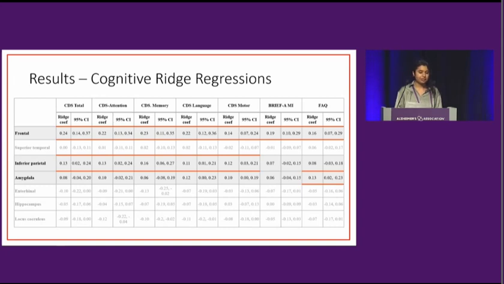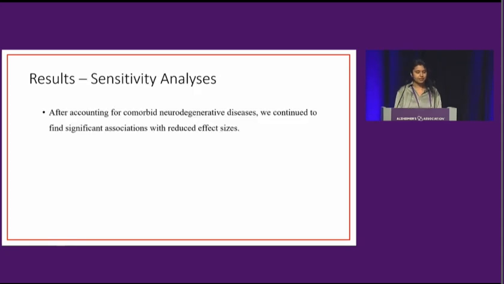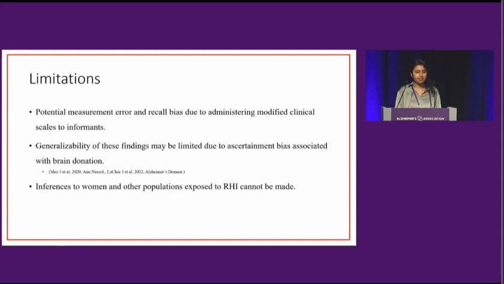And it was the amygdala that was driving the associations for the Functional Activities Questionnaire. We did the same for the neurobehavioral scales and found that the frontal cortex was driving them. We also did some sensitivity analyses and found that after accounting for comorbid neurodegenerative diseases, we continued to find significant associations, but with reduced effect sizes.